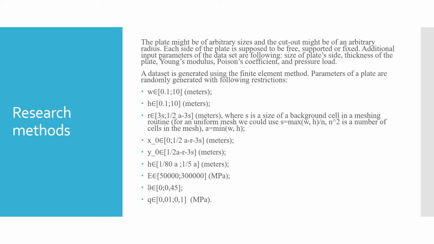Additional input parameters of the data set are following: size of plate side, thickness of the plate, Young's modulus, Poisson's coefficient, and pressure load. A data set is generated using the finite element method, and parameters of the plate are randomly generated.